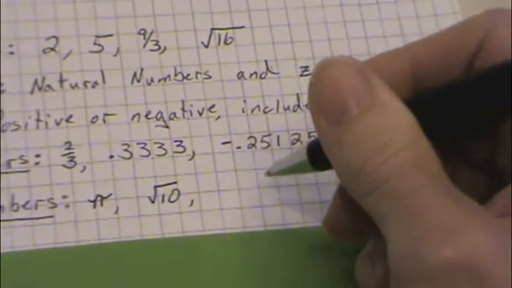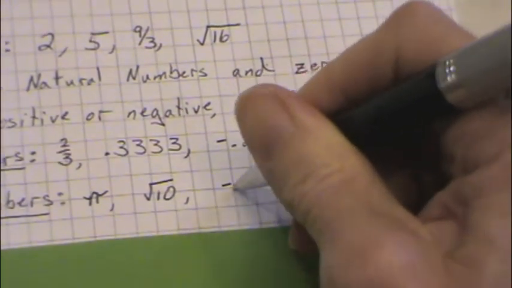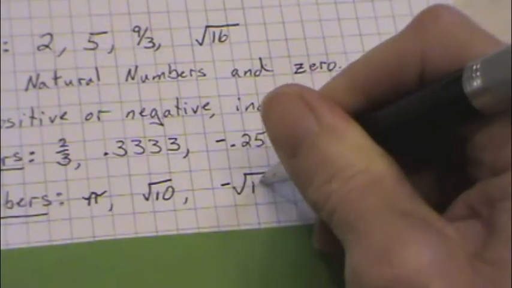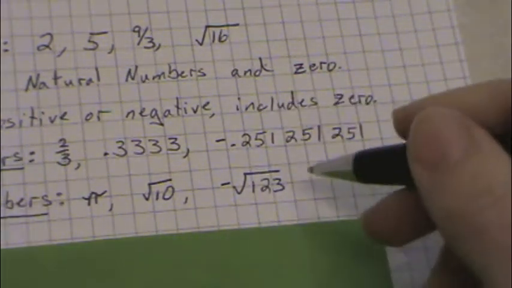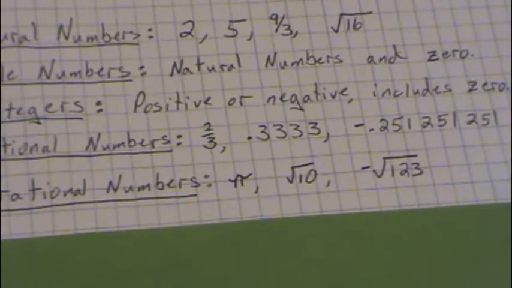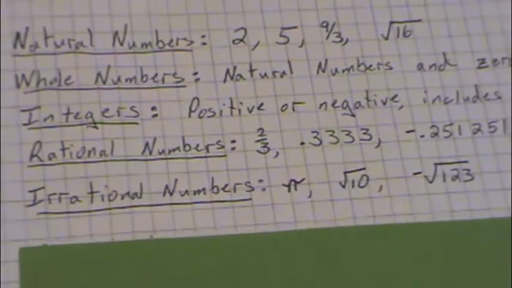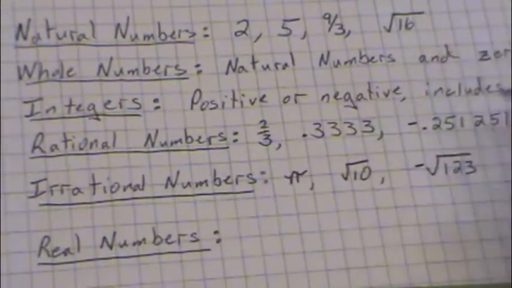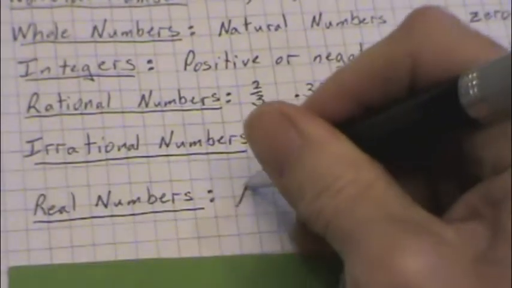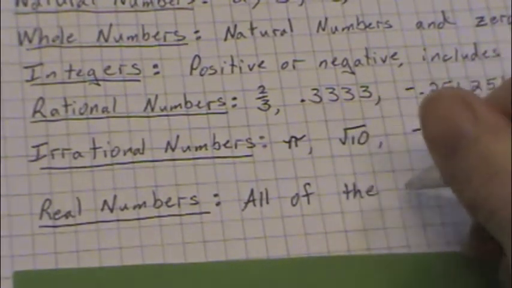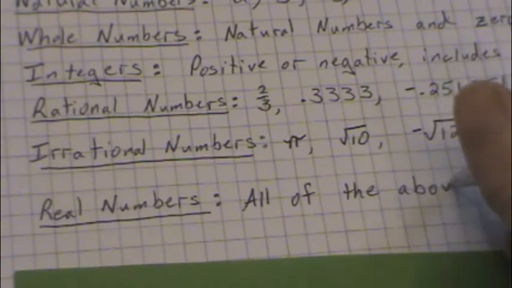Or the opposite of the square root of 123. These are all irrational numbers. Okay? All of these sets together make up real numbers. So real numbers are all of the above.